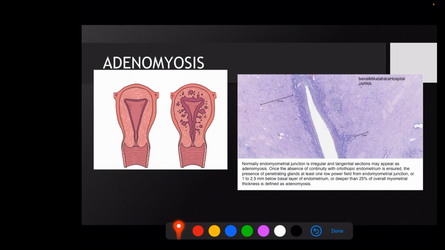See, as such, entering into the myometrium may be a suspected case of endometrial carcinoma, and the confirmation depends on cell changes. So, with the absence of continuity and presence of penetrating glands and stroma, as per the above criteria, it is defined as adenomyosis. This area is never said to be adenomyosis.